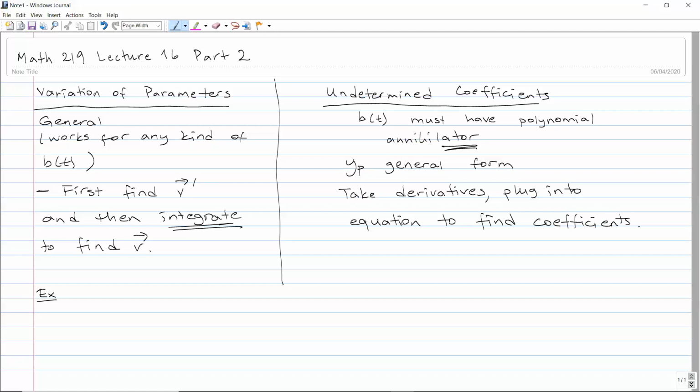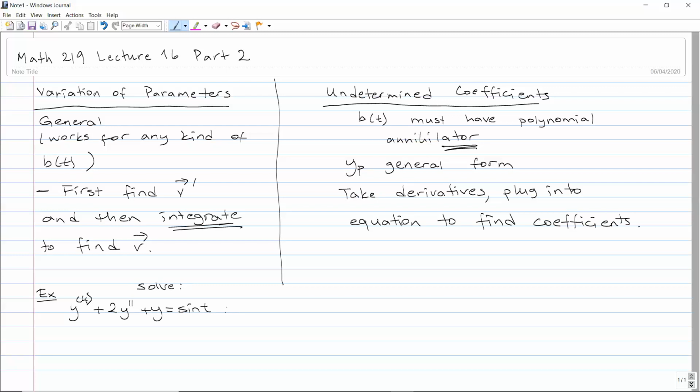Okay, so the example I'm going to consider is fourth order. The fourth derivative of y plus 2 times the second derivative of y plus y equals sine t. And the question is, solve.